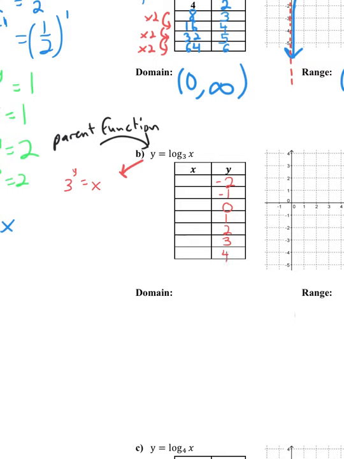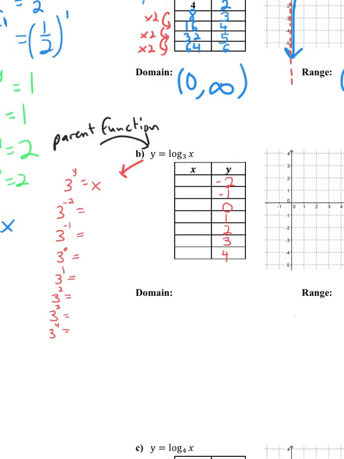We'll just do those for our values. And say, what happens when you get 3 to the -2 power? 3 to the -1 power, 3 to the 0 power, 3 to the first power, 3 squared, 3 cubed, 3 to the 4th. We're plugging in all those values for y. This is a lot easier, in my opinion, to solve than dealing with that dang logarithm.